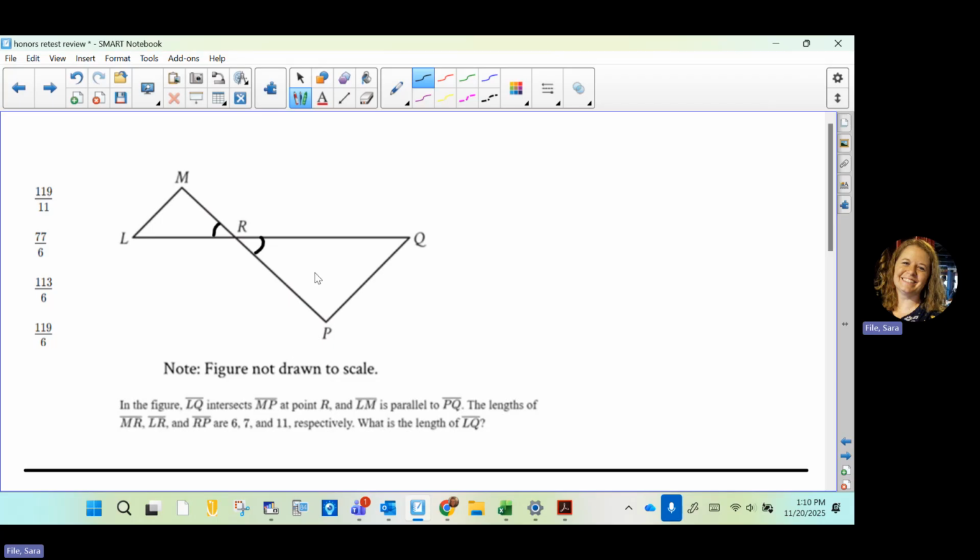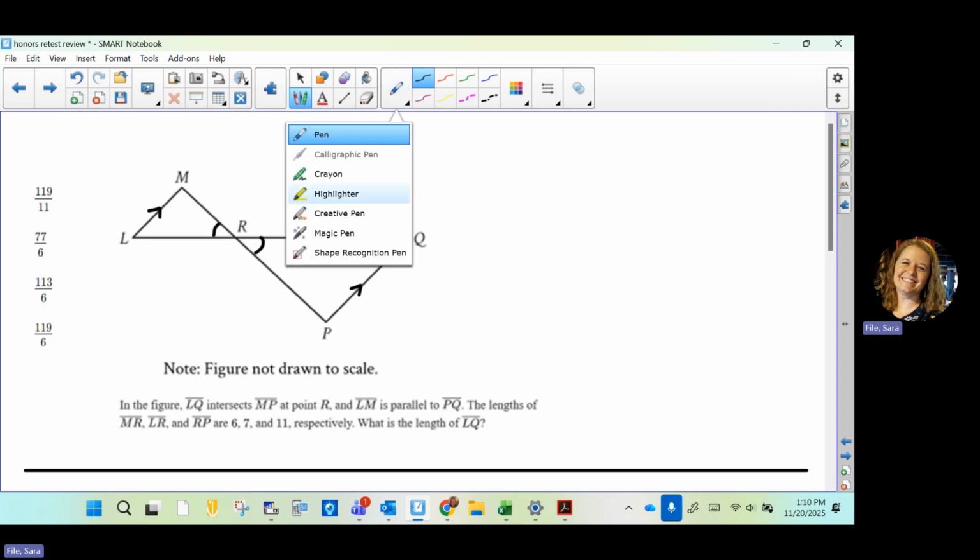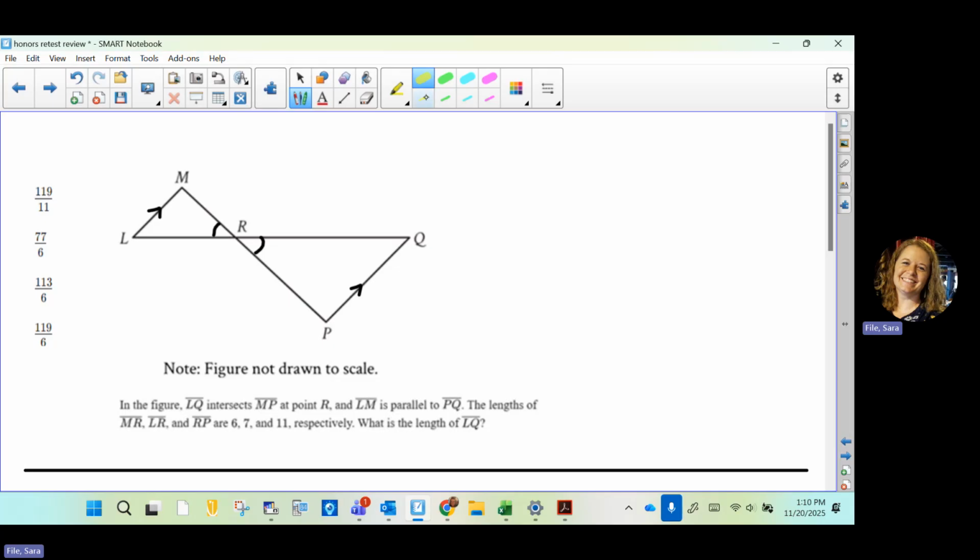Now then they tell me that PQ and LM are parallel. The reason that's important is because back in, I think, Unit 3, we talked about parallel lines and a transversal. When you have parallel lines and a transversal, you have all the angle relationships that we learned about.